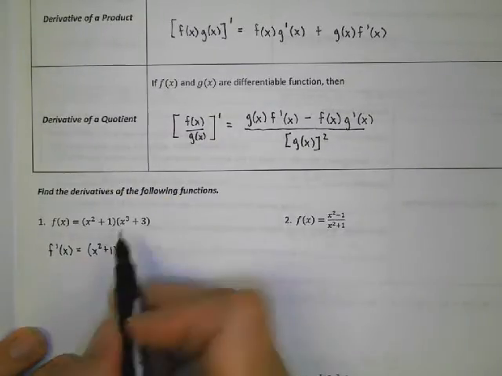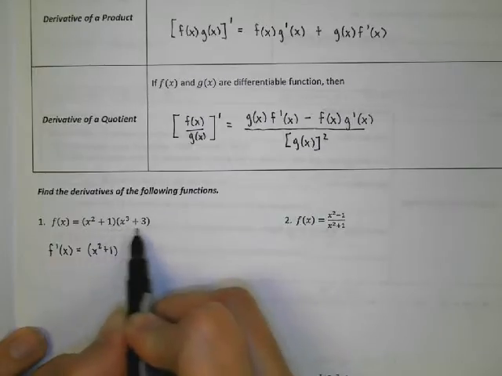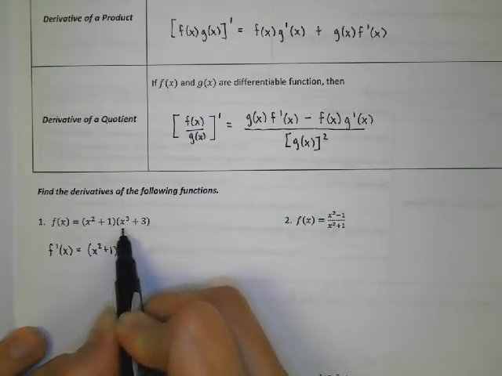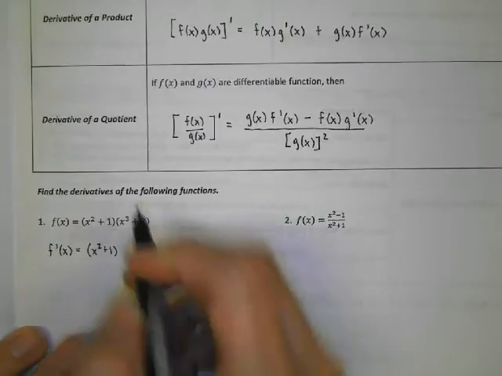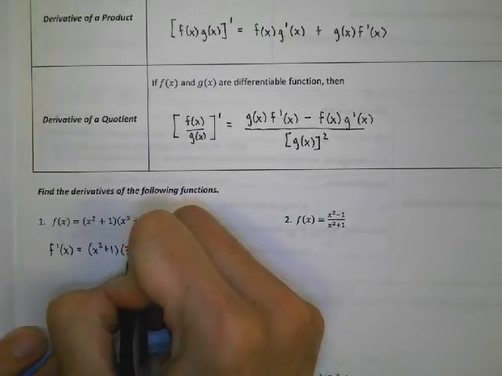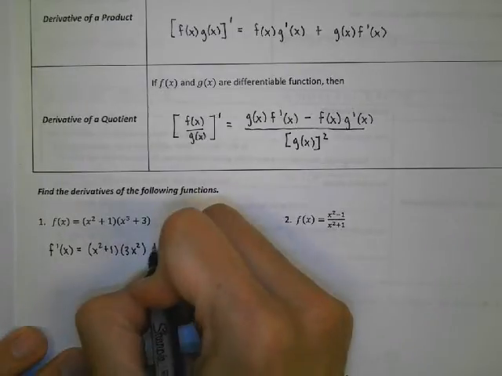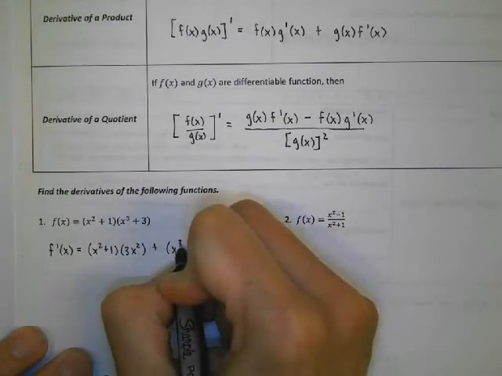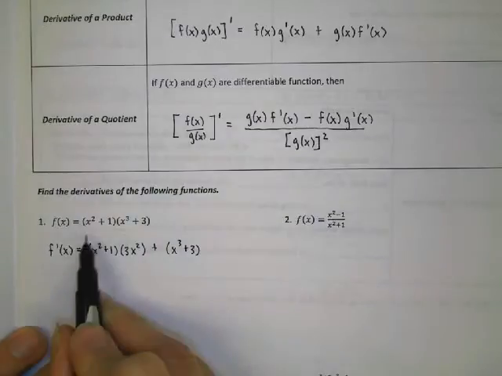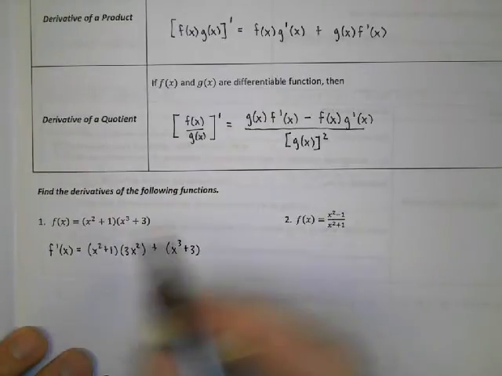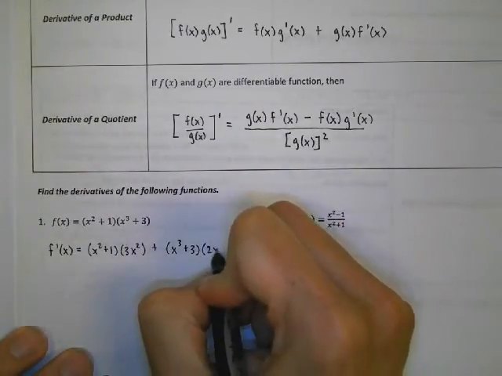Then we multiply it by the derivative of the second function, and the derivative of x cubed plus 3 is just 3x squared. Now we do the reverse: we add x cubed plus 3 times the derivative of our first function, which is 2x.